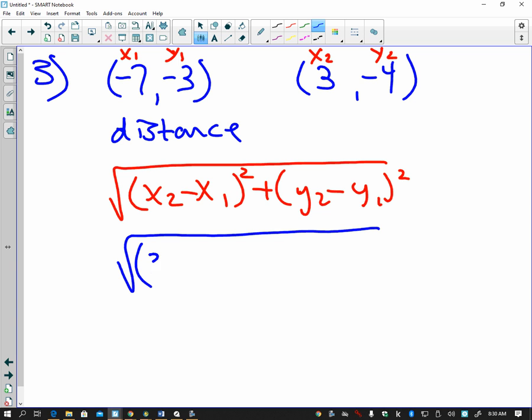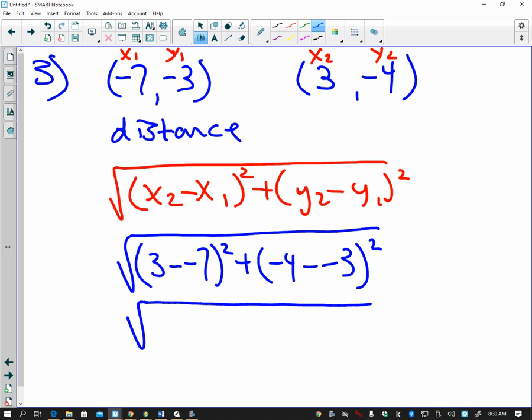Okay, x2 is 3 minus -7 squared plus -4 minus -3 squared. Okay, what's 3 minus -7? 10. Okay, good. 10 squared plus, what's -4 minus -3? -1.